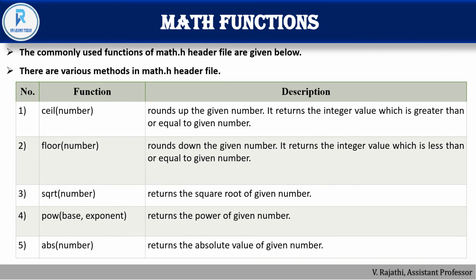Here is the list: ceil, floor, square root sqrt, pow for power of, and then abs for absolute value. Here I just mentioned some of those functions. Actually the math functions include sin, cos, tan, and square root. So many functions are available. If you want to use these functions, you have to include the math.h header file.